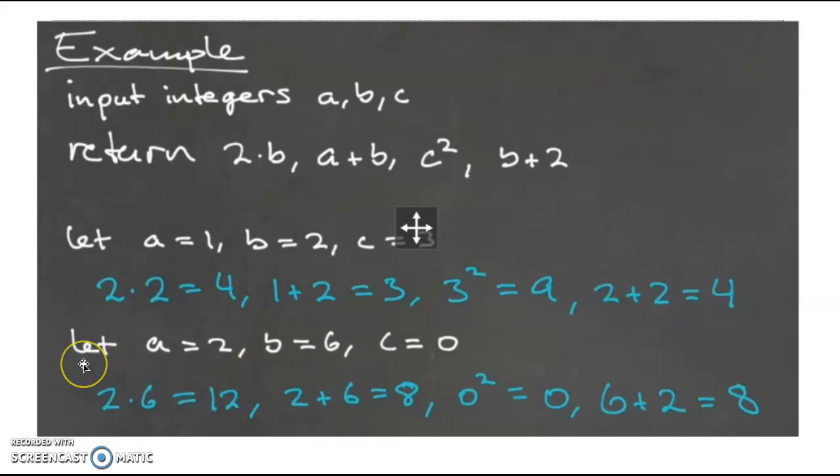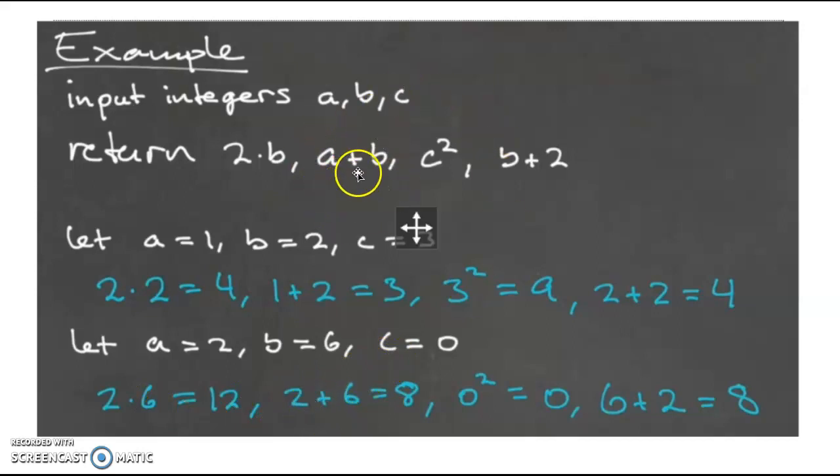Let's do one more together. Let A equal 2 and B equal 6 and C equals 0. So if we're doing A equals 2, B is 6. Remember, our return is 2 times B. 2 times 6.